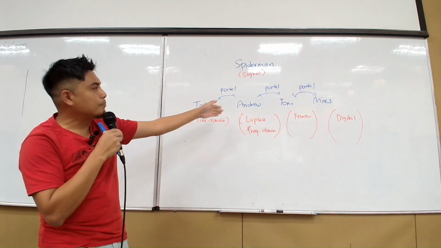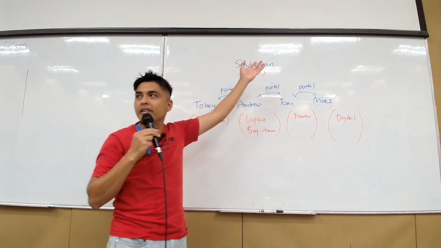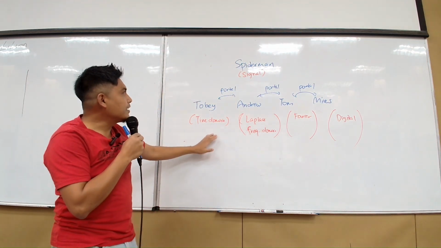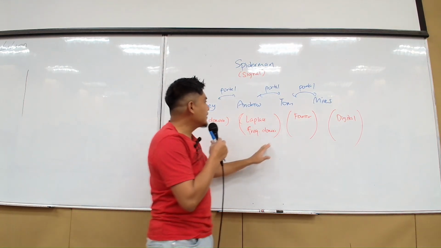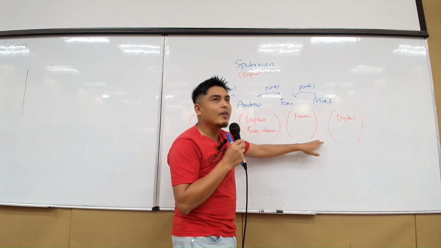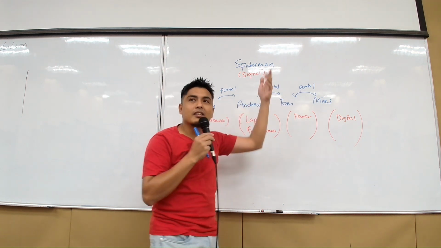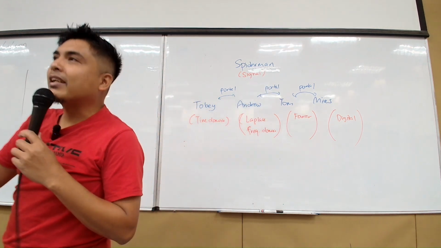Although they are different people, they are all Spider-Man. And here, if you look at the red marker, although they are time domain, Laplace, Fourier, and digital, they are still a signal.